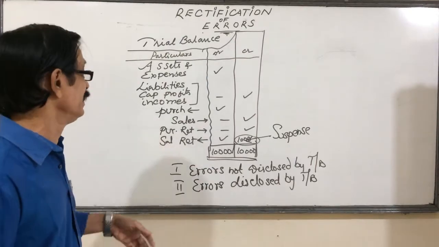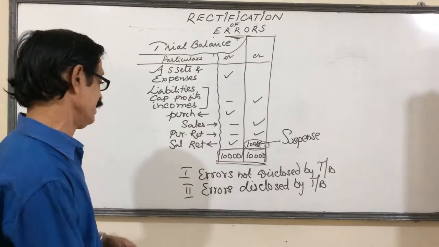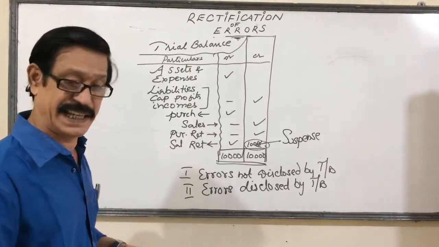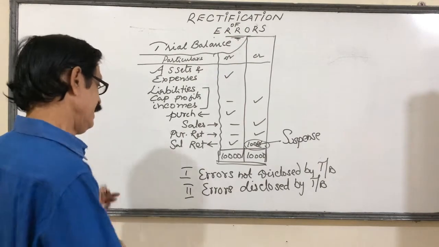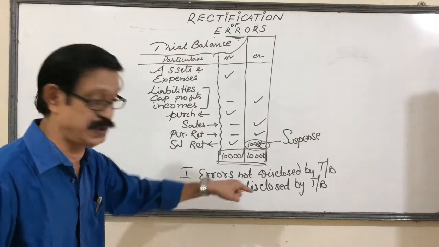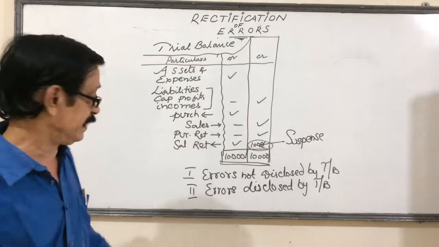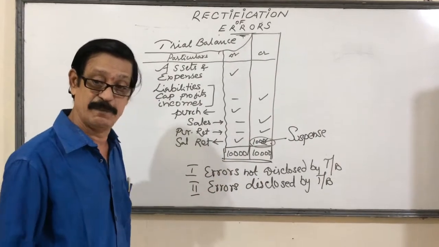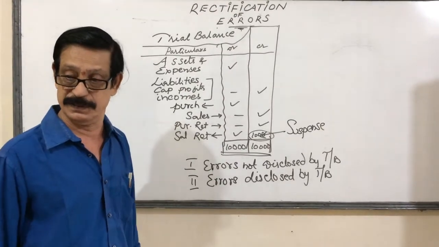Such errors are of two types: errors not disclosed by trial balance, and errors disclosed by trial balance. This is the classification based on accounting part.